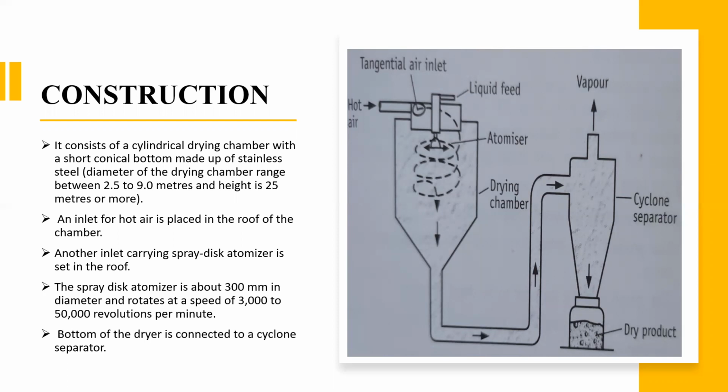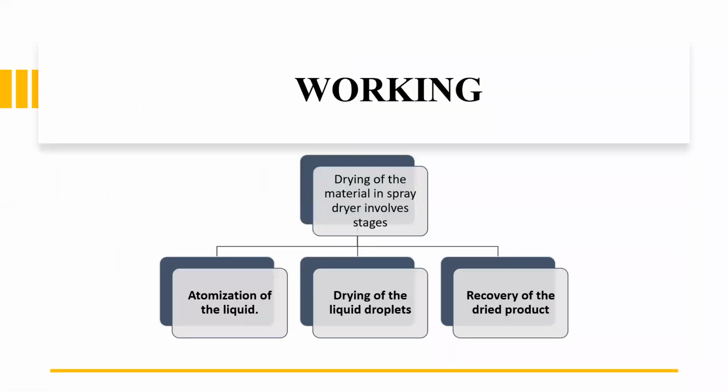So next point is the working of the spray dryer. In the working of the spray dryer, there are 3 different stages required for the drying of the material. The first stage is called atomization of the liquid.